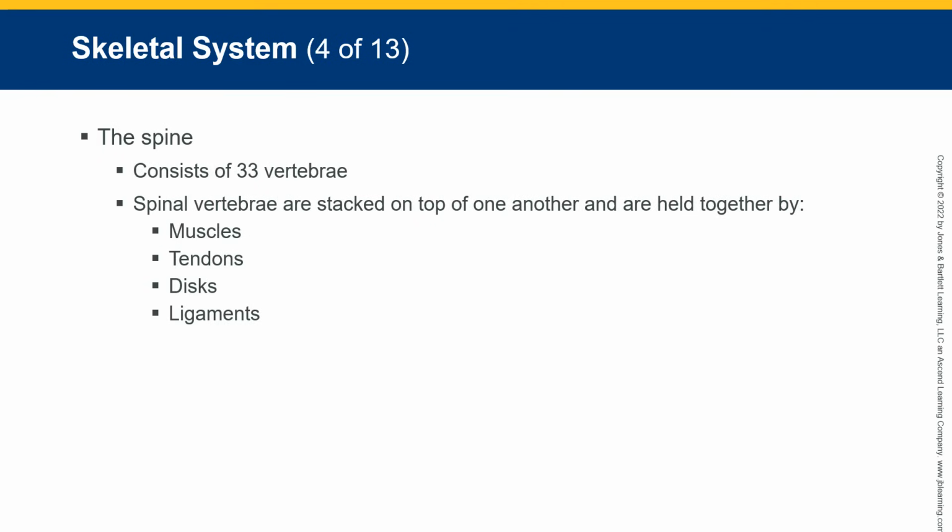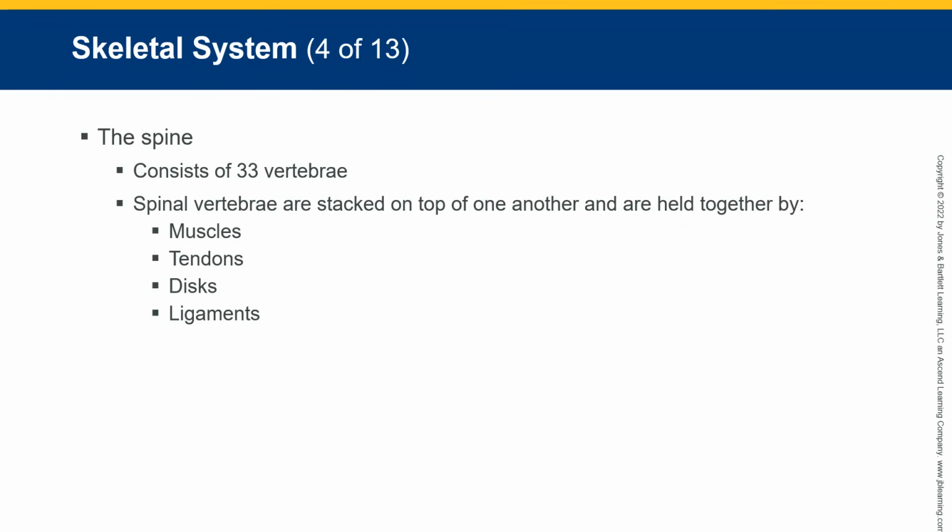And then you have 33 vertebrae that protect your spinal column, your nervous system, right? Your spinal cord. Now, these spinal vertebrae are stacked on top of one another and are held in place by tons of things. There's discs between them.